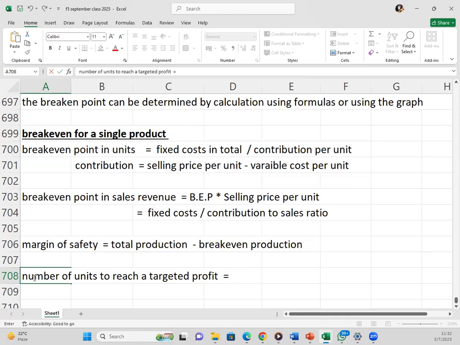So the number of units to reach a targeted profit is the fixed cost plus the targeted profit over contribution per unit.